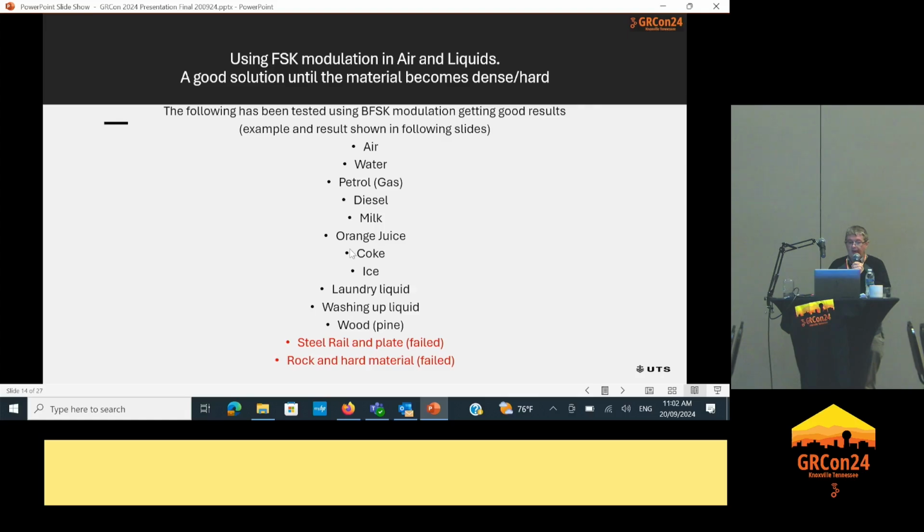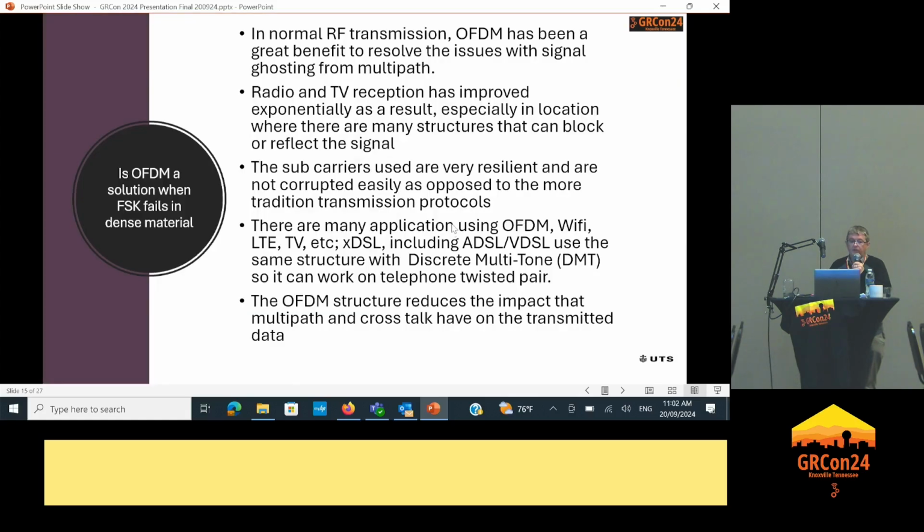So what other solution can I use? Is OFDM a solution when FSK fails in a dense material? The other question was, do I have enough bandwidth? The ultrasonic transducers have a cutoff point of 41 kilohertz on the upper part of the spectrum and 39 kilohertz on the lower part.